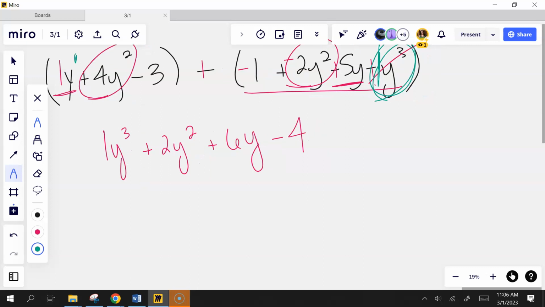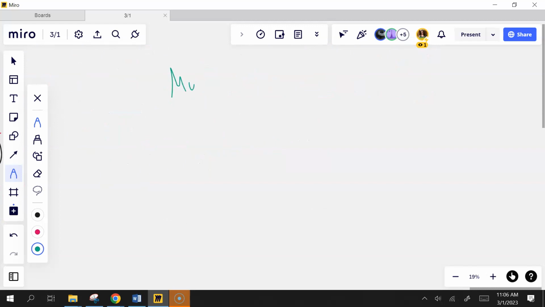All right, let's talk about multiplying. Y'all learned this as FOIL. I don't like FOIL because FOIL only works when it's a binomial times a binomial. So I call it distribute.